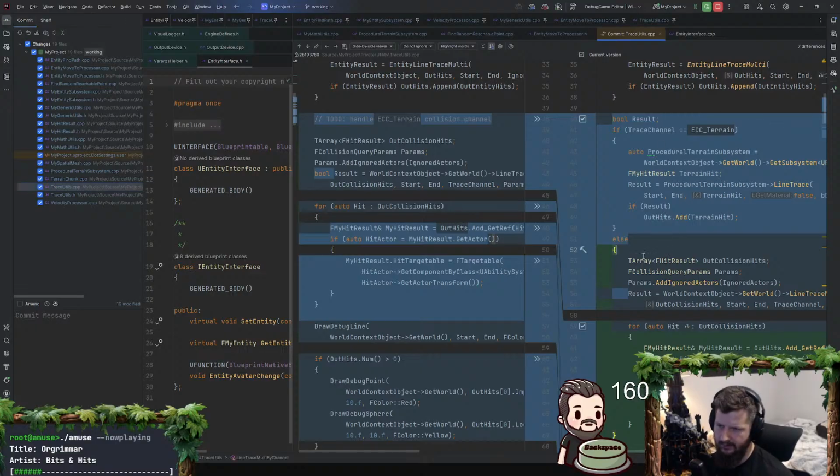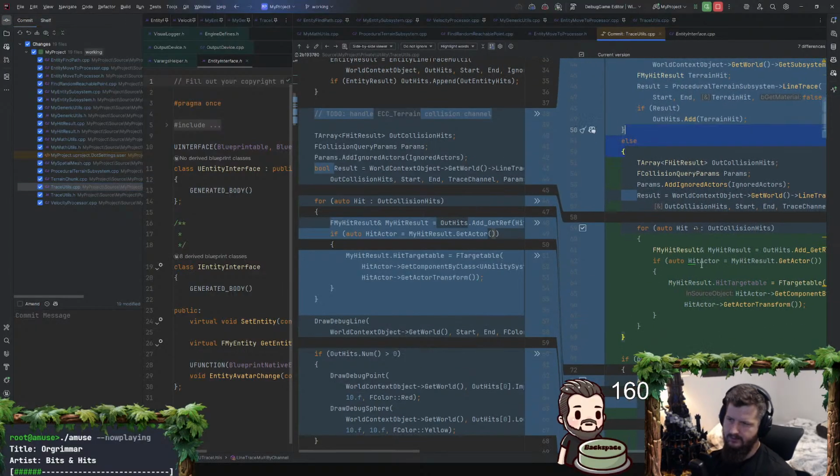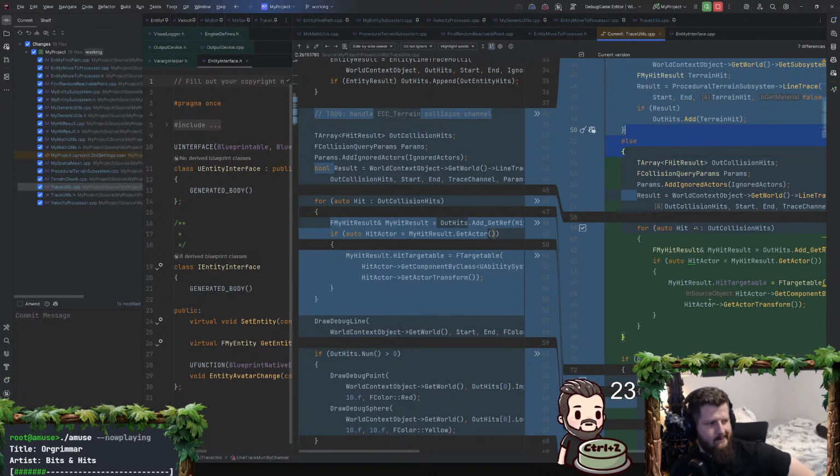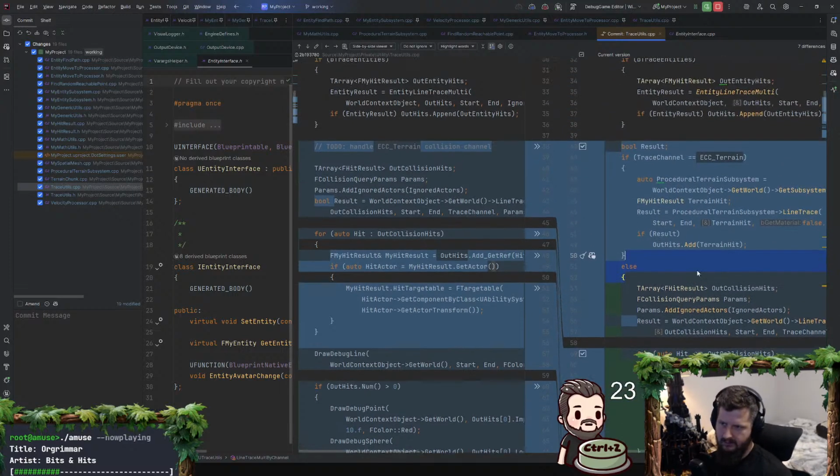Okay, so I don't know if I want the if else here. I think I do want both, although it's specific to channel. Yeah, I need to do one by profile. If it's channel, then there's going to be no terrain. Let me think here.